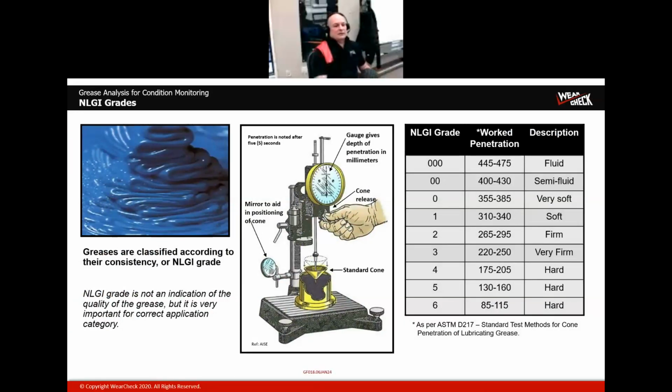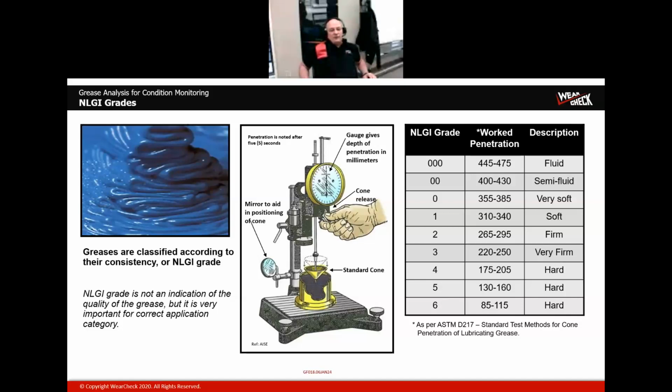Not unlike lubricants, where viscosity is the most important property, when it comes to greases, probably one of the most important properties is its consistency or its NLGI grade. Now, traditionally, this is the sort of test that you would send off to a specialized grease lab to get consistency measured, something like ASTM D217, where you actually have a cone penetration test apparatus.